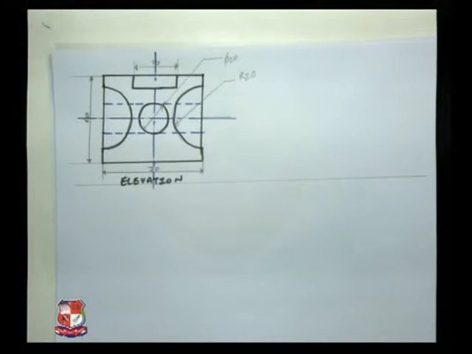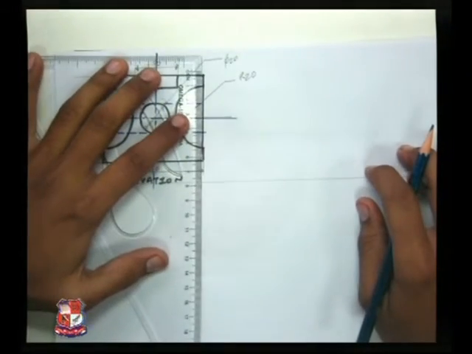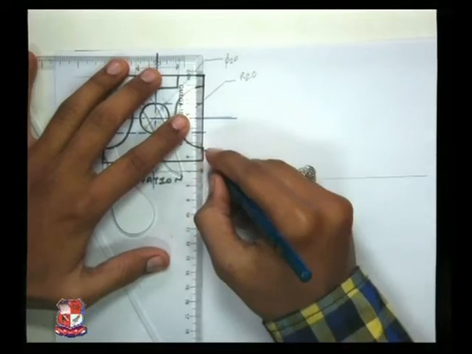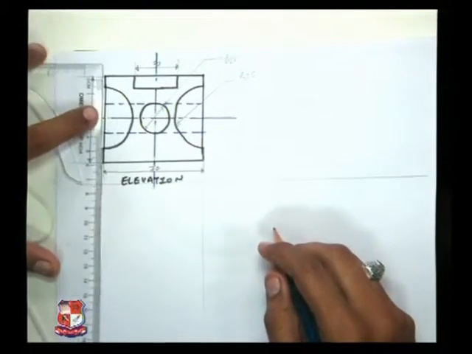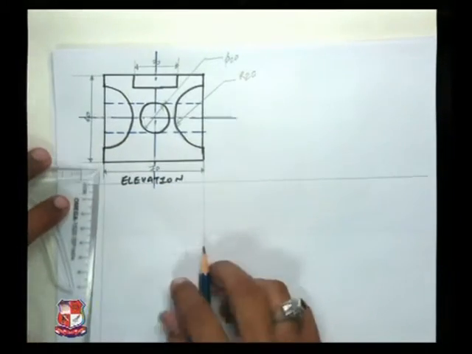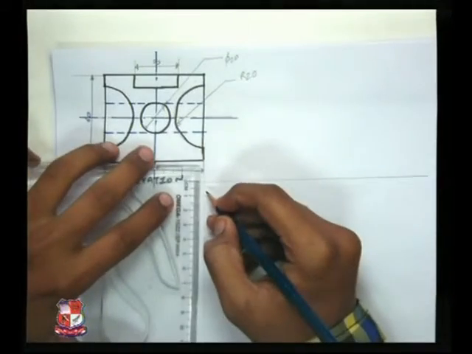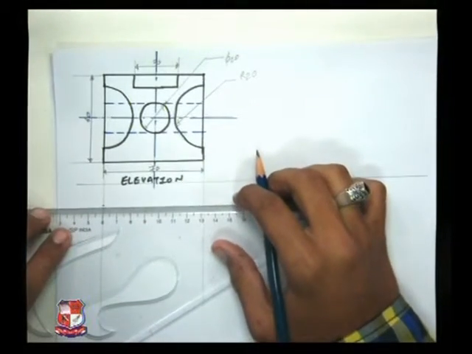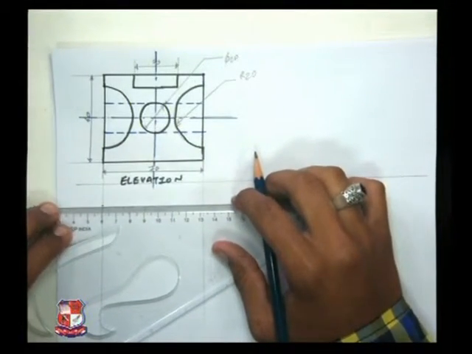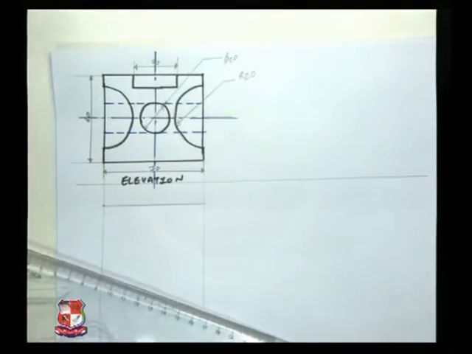Now we are going to draw the top view of the same. What we are going to do for the top view? We are going to take the simple projections from this elevation only. From the reference line I am taking a 15 mm distance. I have got this 70 mm side by default only.